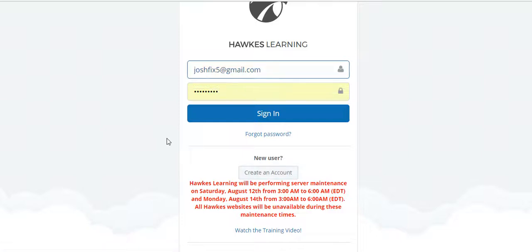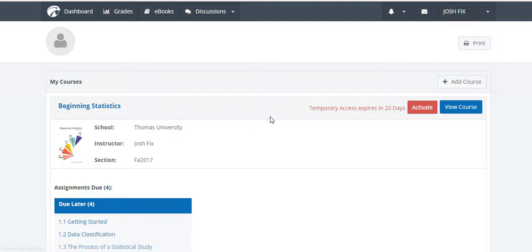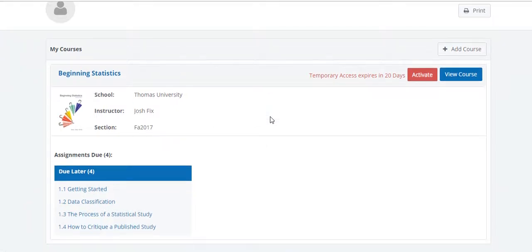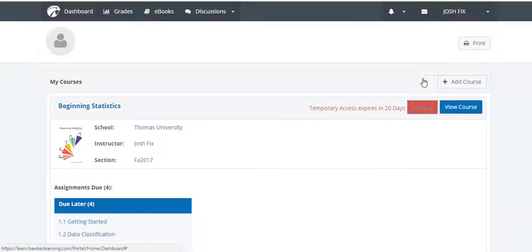So let me log in as a student and show you what it's going to look like. When you come into your course here, this is after you've already logged in and created your account. I just want to show you that I've created my account. It says I have 20 days left. Once I'm ready to purchase, I can activate my account a couple of different ways. I'll click on that.